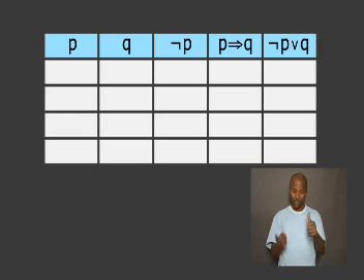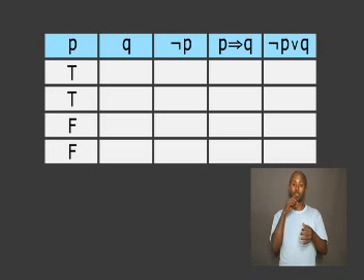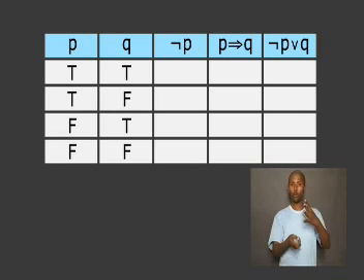In the first column, we put true in the first 2 rows and false in the last 2. In the second column, we put true in the first and third row and false in the second and fourth row.